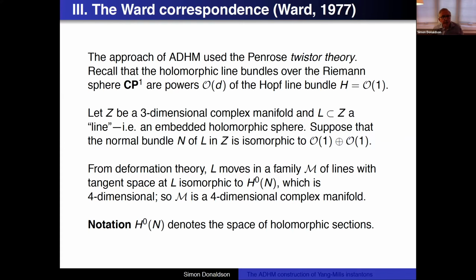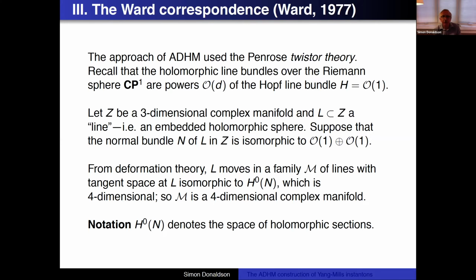So there's a theory going back to Kodaira of deforming submanifolds of a complex manifold, and this tells us that our L will move in a family of lines, call it script M, whose tangent space at the given point L is isomorphic to H0 of N. Recall that H0 of N just denotes the holomorphic sections of our holomorphic bundle N over L. So in this case, you recall that the sections of the Hopf line bundle O(1) are just two-dimensional.